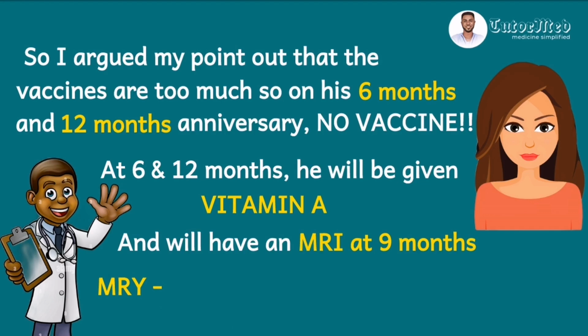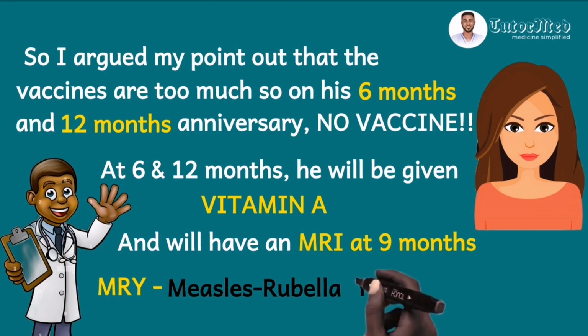Now, MRI, when pronounced, may sound like MRY. And so please remember that MRI, when pronounced, may sound like MRY. And so it means at 9 months, she's getting MRY. The MR stands for the measles rubella vaccine, and then the Y there stands for yellow fever.